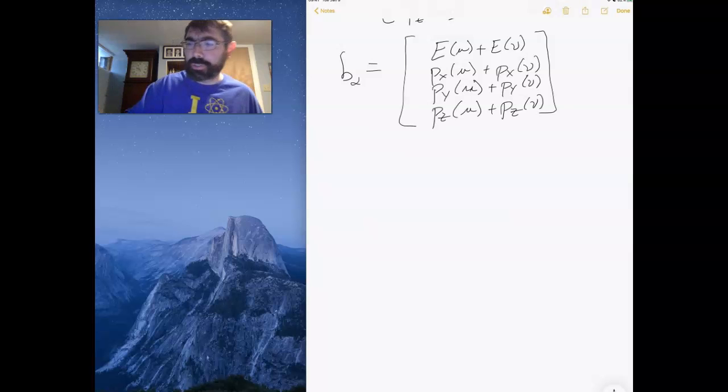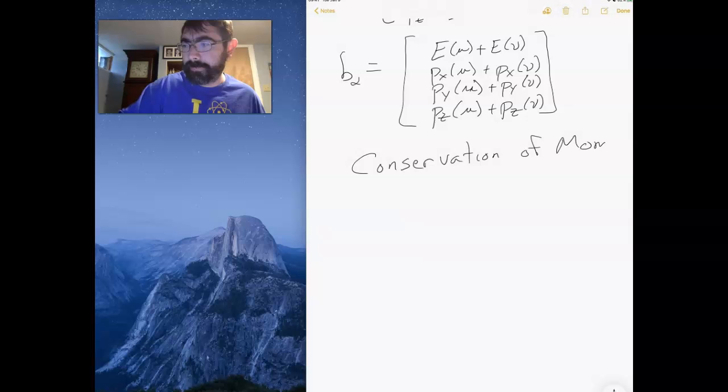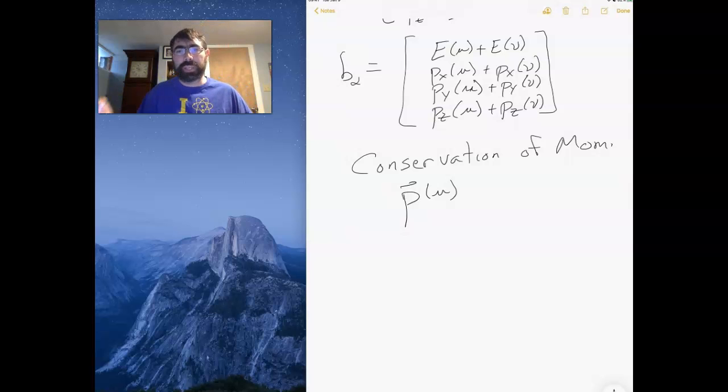Okay, so what we do know is that conservation of momentum means that the momentum of the muon, the 3 vector of the momentum, px, py, pz, is going to be equal to minus the momentum of the neutrino, because they have to conserve momentum, so they're going to decay back to back from each other at 180 degrees.